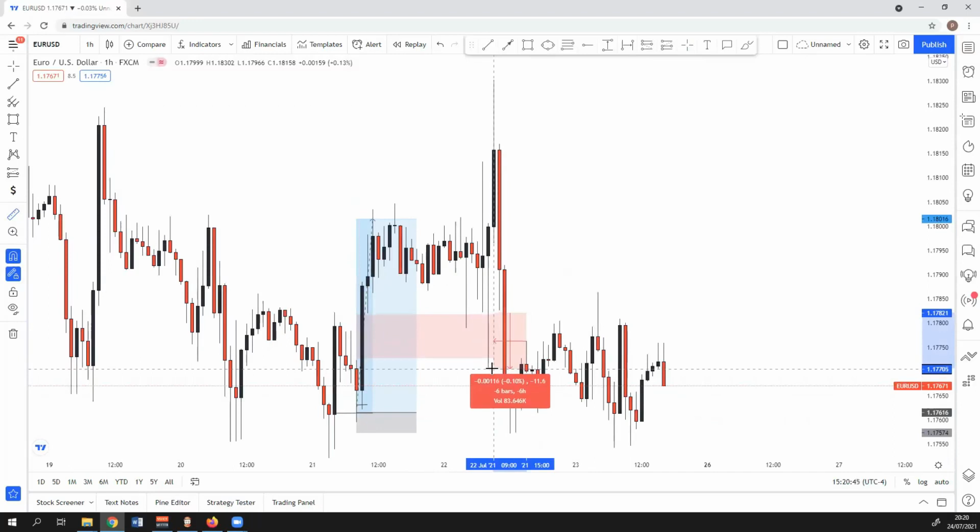11 pips. My stops are max 11 to 15 or even 20 pips, but I do not like to hold a stop for 20 pips on a 1 hour time frame.